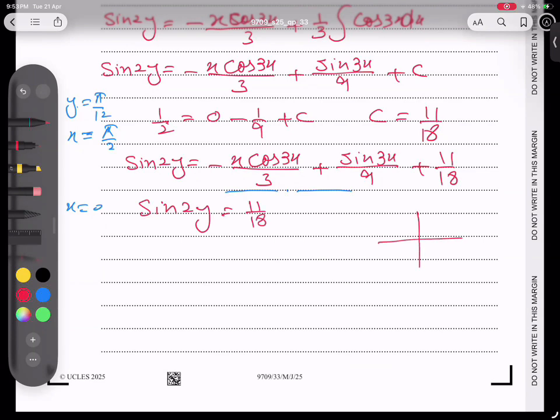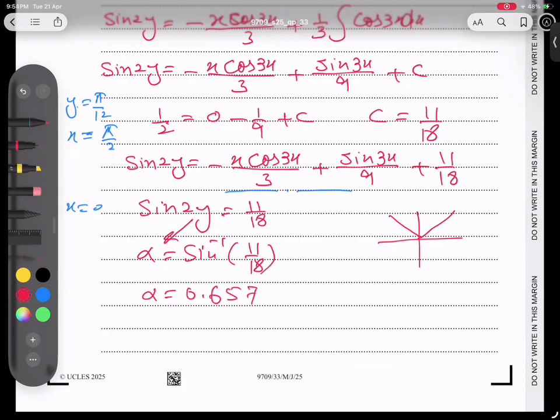Sine is positive where? In the first quadrant and the second quadrant. Okay, and we have to take radian mode, make sure, and this taken as alpha for a while, sine inverse of 11 over 18. When I take 11 over 18, students, I'm getting here 0.657.